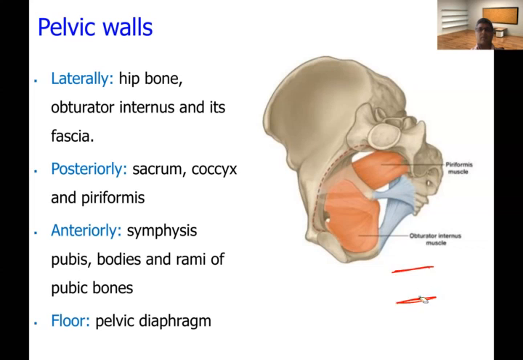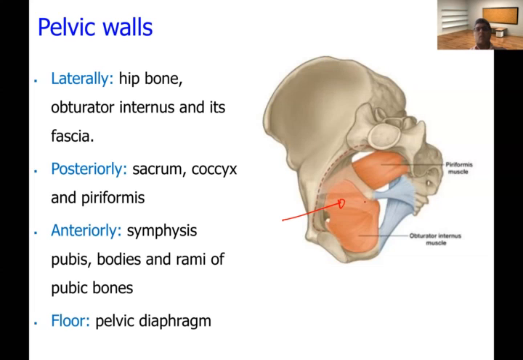Remember this point, otherwise you get confused. The lateral walls, that is this area of the pelvic cavity, are formed by the hip bones. You know what a hip bone is now. The hip bones and the obturator internus muscle with its obturator internus fascia form the lateral wall.